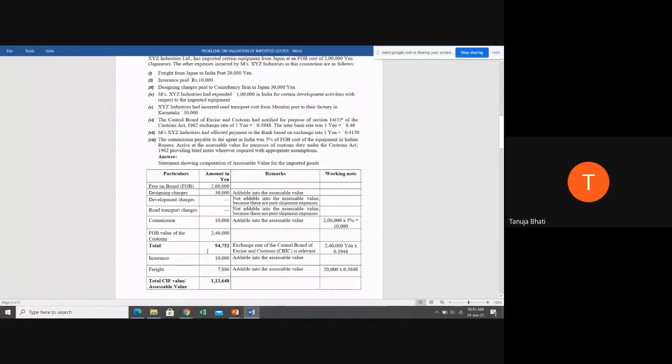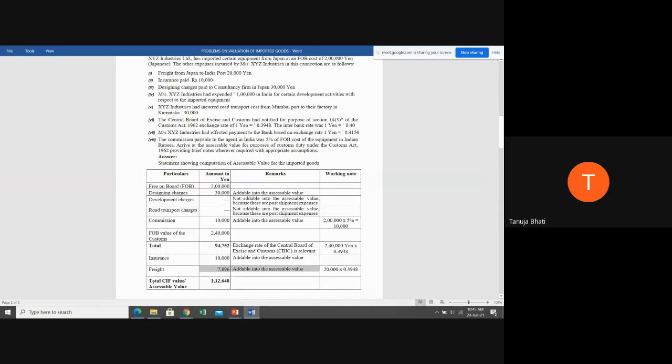Now, to this FOB, which is in rupees, if you have considered yen, add everything in yen. If you have considered rupees, add everything in rupees. So insurance also you will add in rupees, freight also in rupees.